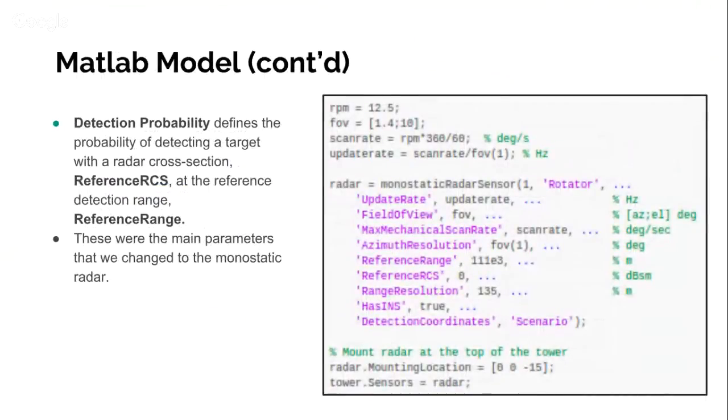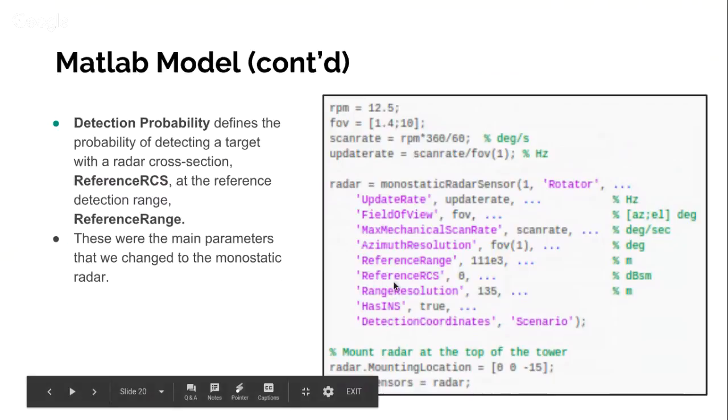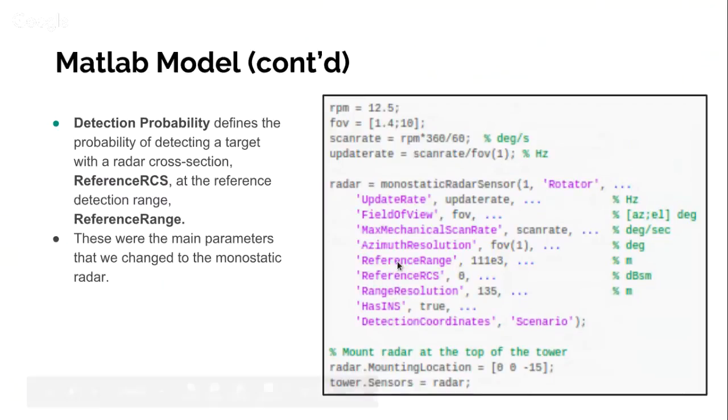Stepping into the code a little bit, basically it had this monostatic radar sensor for the radar on the control tower, and the main parameters that we changed were detection probability, which defines the probability of detecting a target with a radar cross section, reference RCS right here at the reference range.